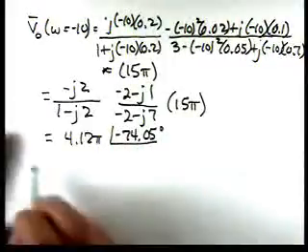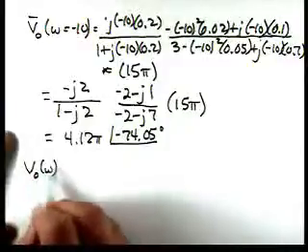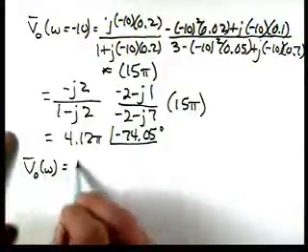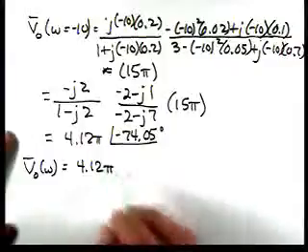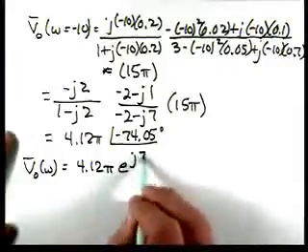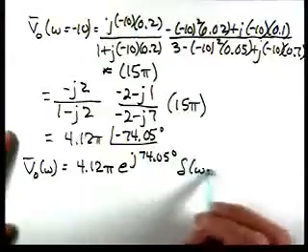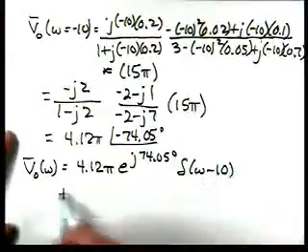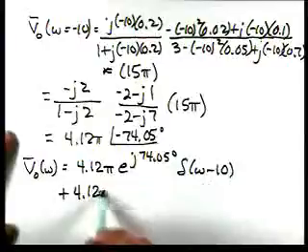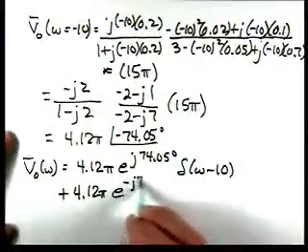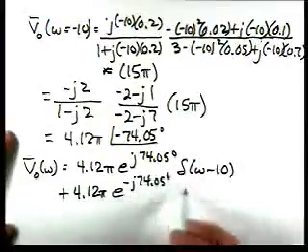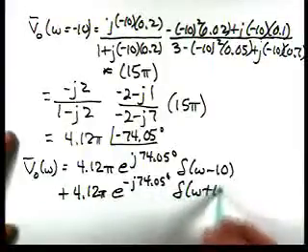So V0 of omega is 4.12 pi e to the j 74.05 degrees delta of omega minus 10 plus 4.12 pi e to the minus j 74.05 degrees times delta of omega plus 10.